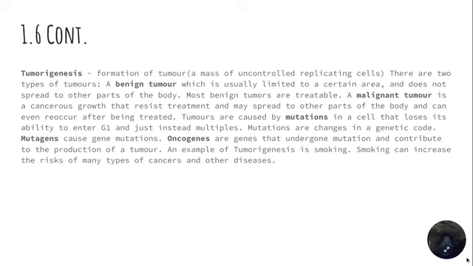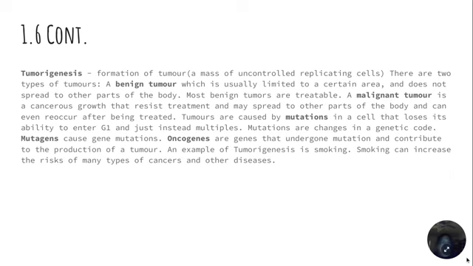1.6 continued. Tumorigenesis. Tumorigenesis is the formation of a tumor, which is basically a mass of uncontrolled replicating cells. There are two types of tumors. There's a benign tumor, which is usually limited to a certain area and doesn't really spread to other parts of the body.